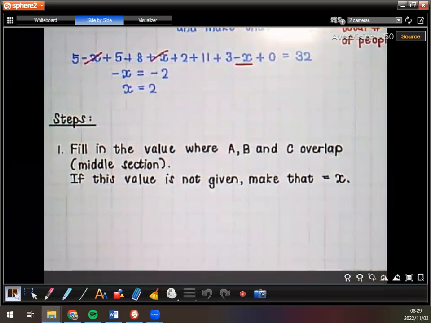Something has to be in that middle part before you can start filling anything else. So you have to always start with that middle part. Unless they've given you the value on the outside of that, you can fill in, or if they've given you the only part, the part that goes in.